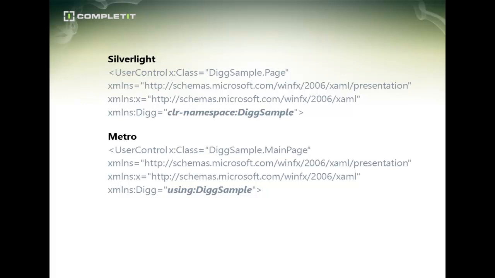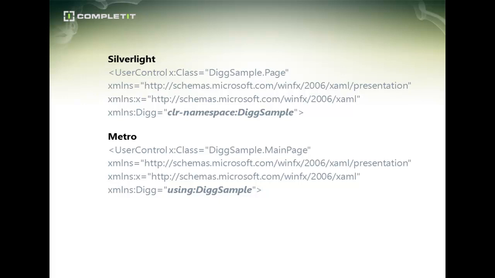In this example, I took Scott Guthrie's Silverlight 2 application and converted it to Metro. As you see up at the very top, we have our UserControl x:Class, dig sample.page, and you don't have to worry too much about the .page because in Silverlight 2 they named it Page instead of MainPage, which happened a little bit later on. Then you have two very common XML namespaces, and you'll notice that they are absolutely identical.